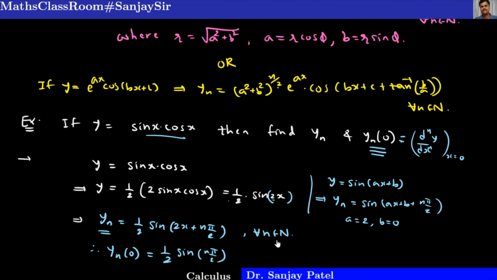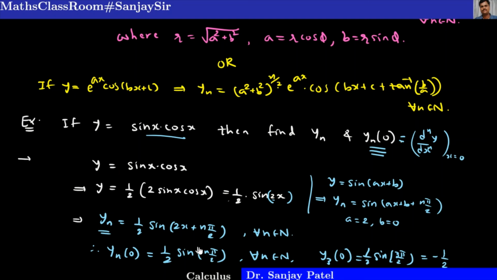Suppose we are required to find y3 of 0. For y3 of 0 we put n equal to 3 in this formula. So y3 of 0 is 1 by 2 times sin 3 pi by 2. And what is sin 3 pi by 2? It is minus 1. So the final answer is minus 1 by 2.